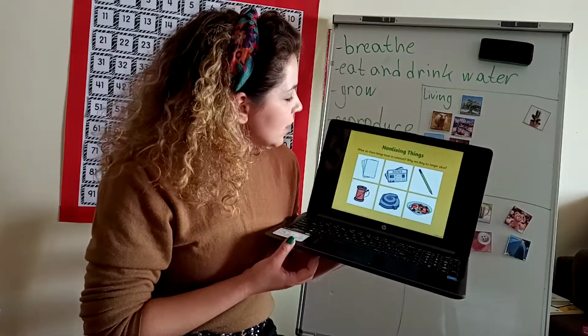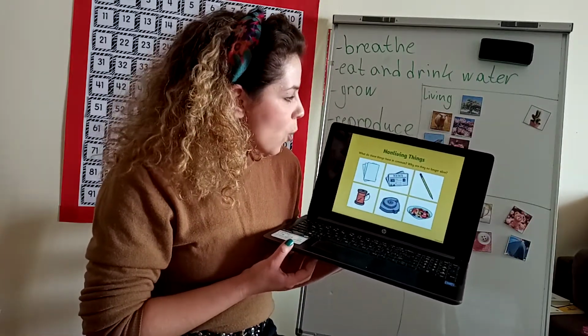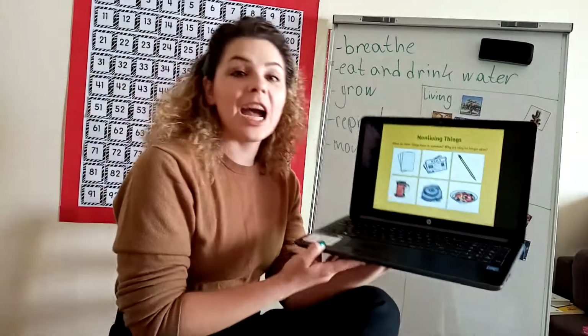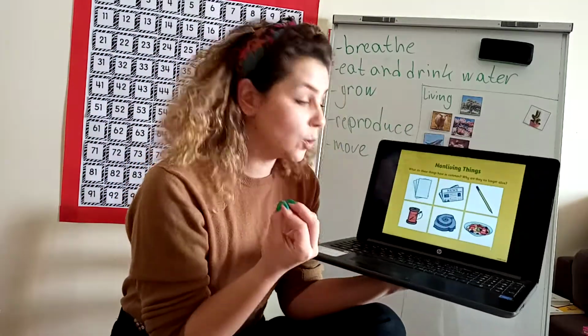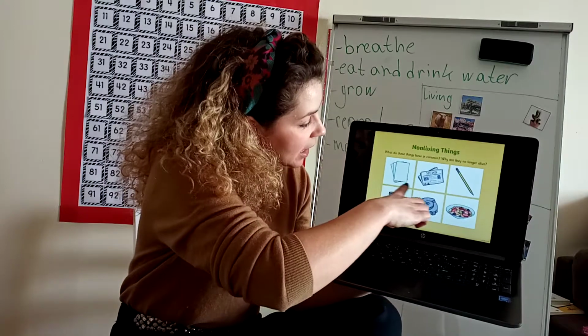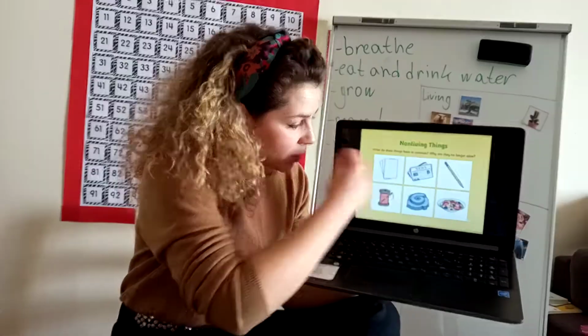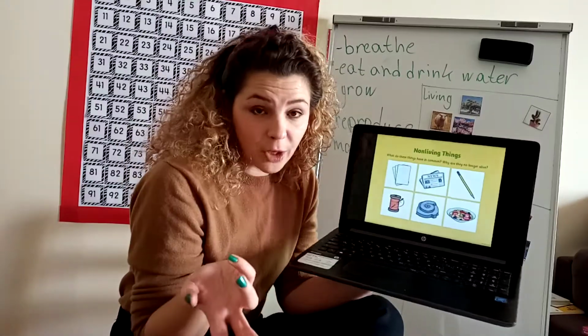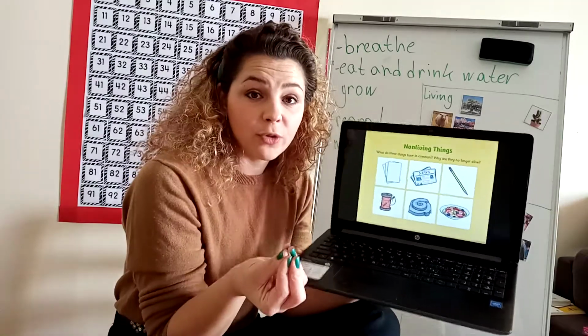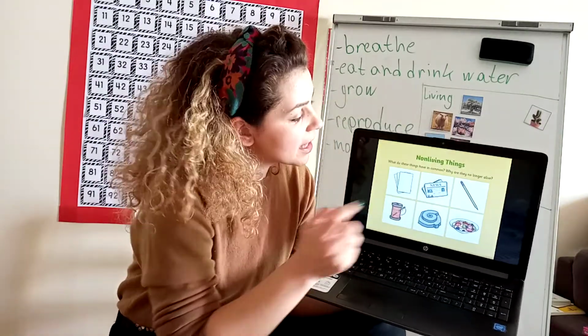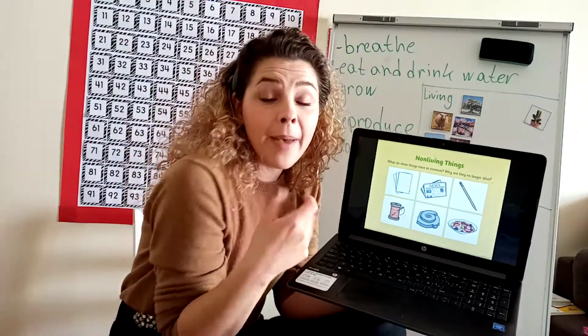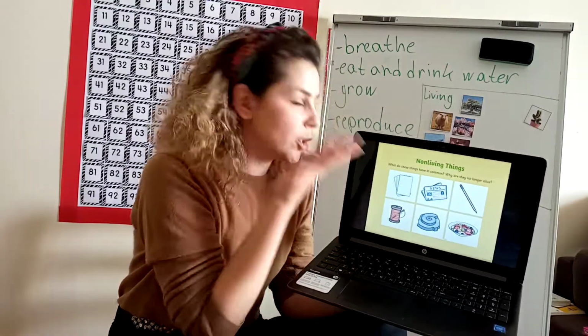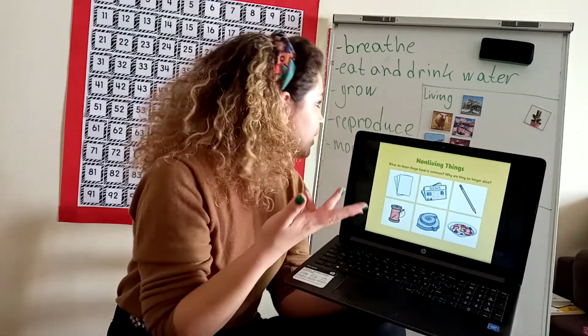Now, what do these things have in common? Why are they no longer alive? So these are some things that used to be living, yeah? For example, here, these sheets of paper and newspaper are both made of paper, which means that they're both made of tree, which used to be living. The same goes for a pencil, yeah? Pencil is made of wood, which comes from a tree, yeah?